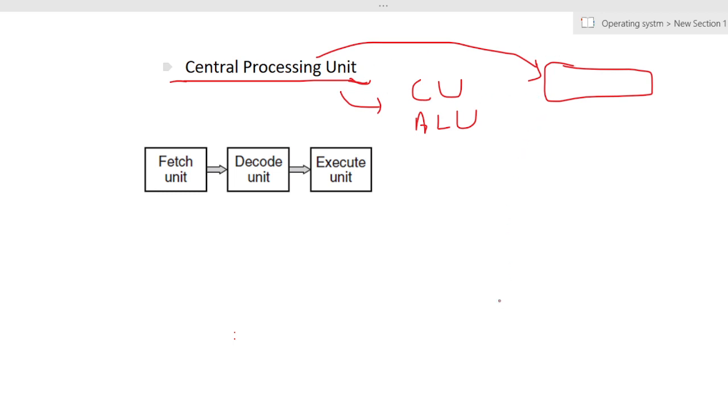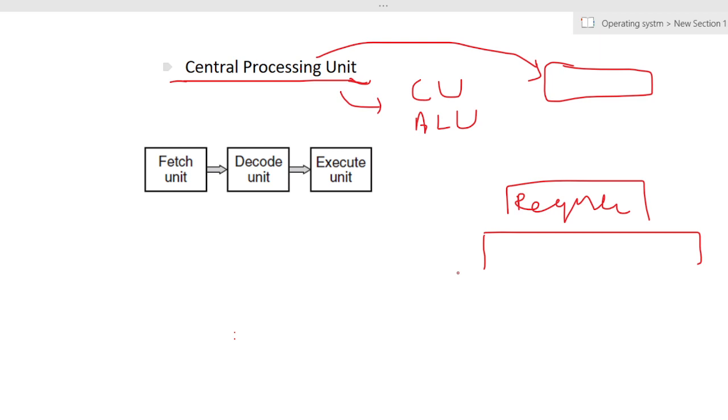Now, let me tell you something about memory. There are four kinds of memory in terms of speed, right? On the topmost layer, there are registers. Then comes the cache, which is less fast than the registers.